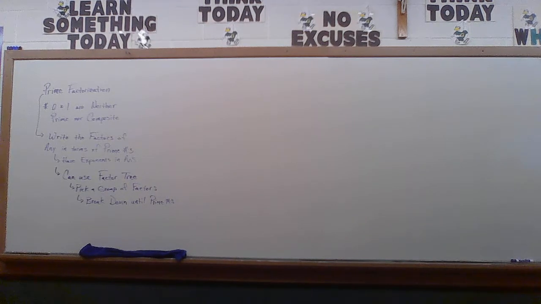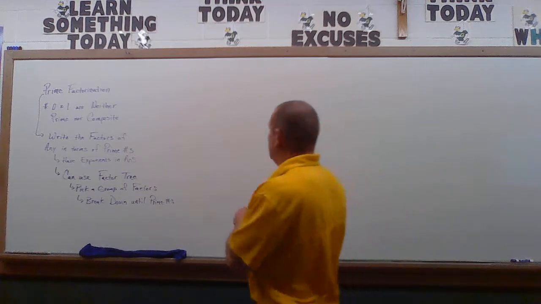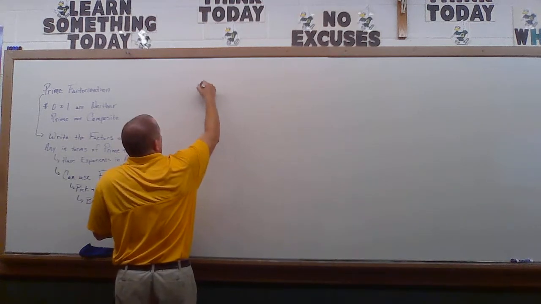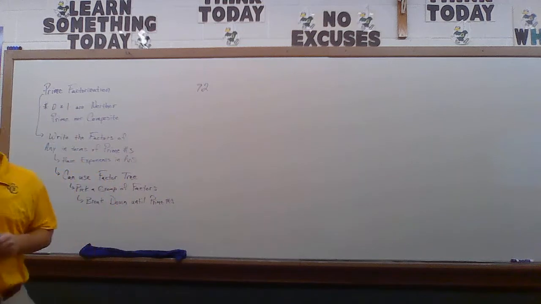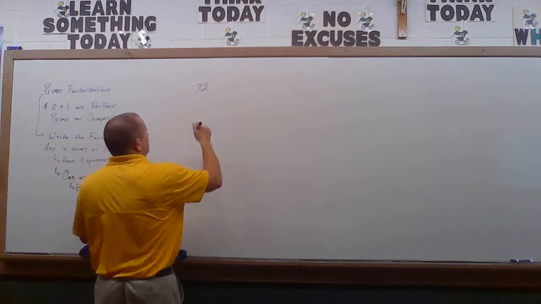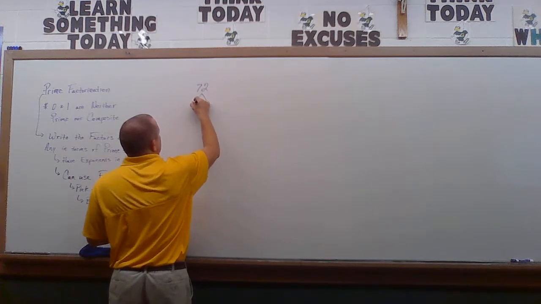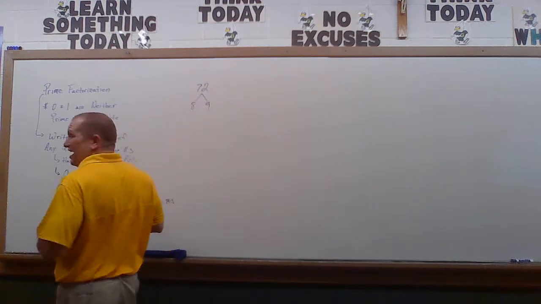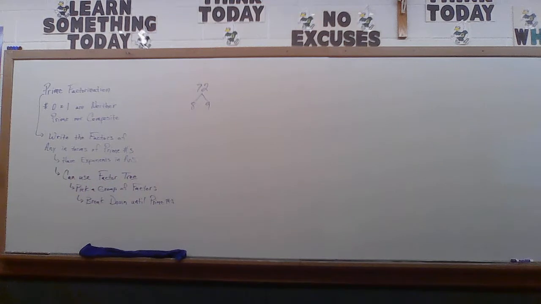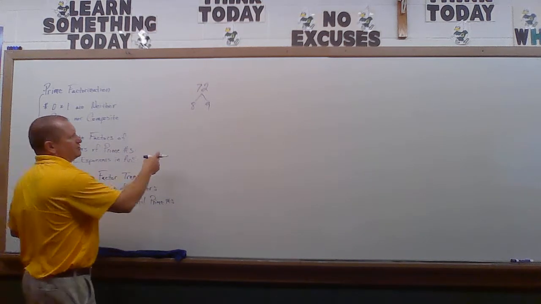And it's a tree because we're going to break it down into its limits. So let's just do 72. If 72 is at the top, somebody pick one group of factors. 8 times 9. Okay, so I'm going to list the factors. And again, it doesn't matter which ones you pick, we're going to eventually get to the same answer.